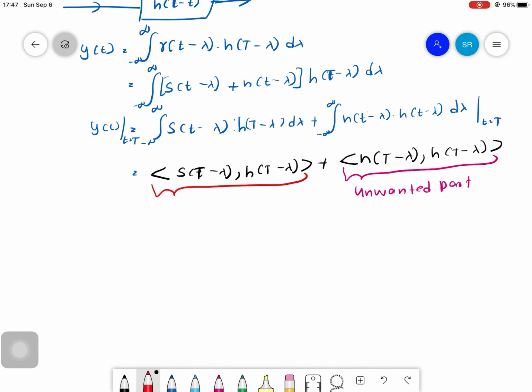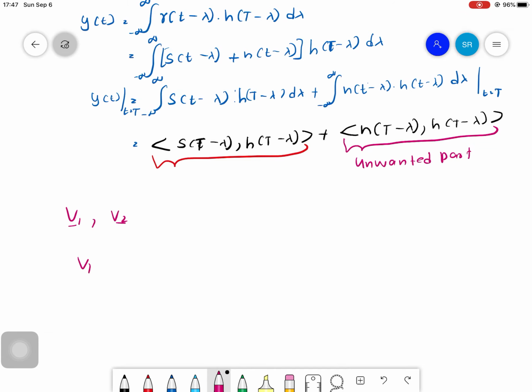Let's look back at some of our geometrical knowledge. If we are given two vectors V1 and V2, we know V1 inner product V2, when using the Euclidean inner product, is equal to norm of V1 times norm of V2 times cos theta.